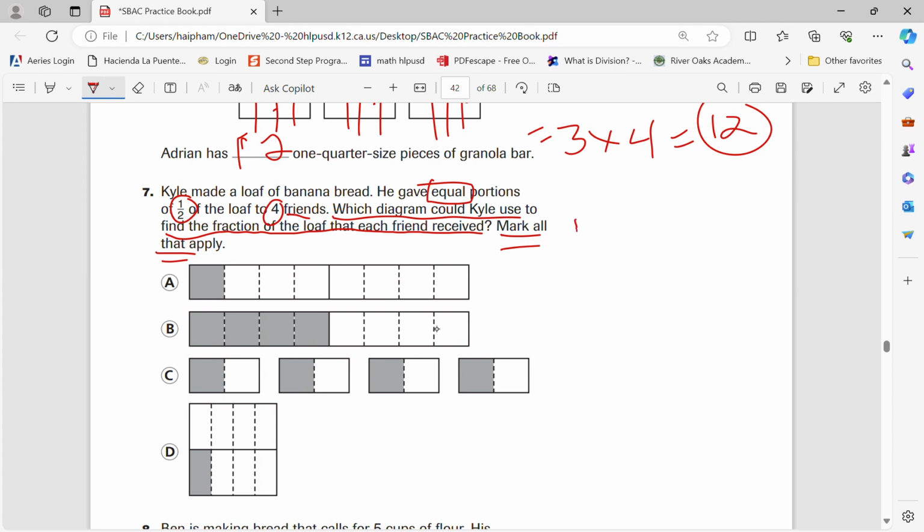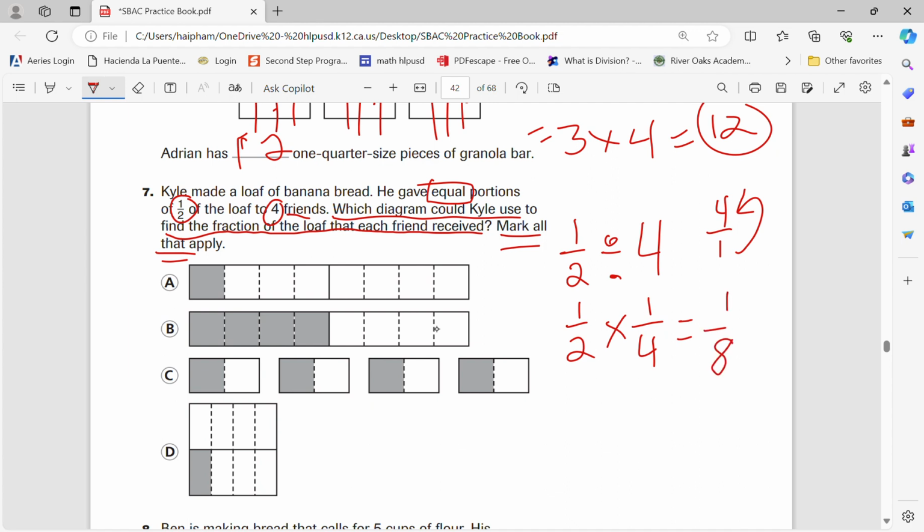So let's start with 1/2, and let's divide that among 4 friends. We are going to keep, change, and again 4 will be the same as 4 over 1. So we're going to flip this and make it 1/4. That would be 1 over 8.